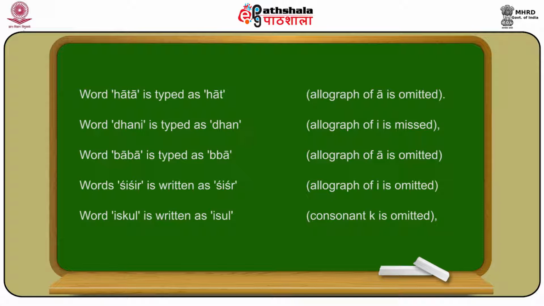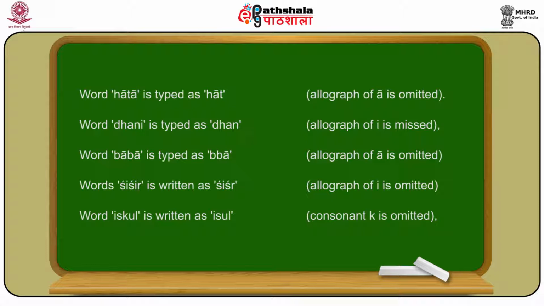For the Bangla corpus, I have noted that in certain cases the word hata, a kind of spoon, is typed as hat. That means the last allograph, which has to be attached, is missing. It is not typed. Sometimes dhoni, the sound, is typed as dhan, or baba, father, is typed as bab, or sisir as sisir, or school as isul, so ko is missing.